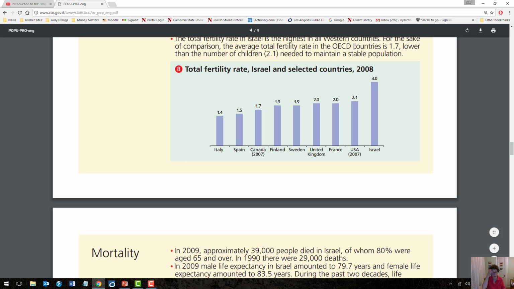These are the 35 countries in the world that are democracies and that have a free market economy. So again, higher level of education, equality, and so on. And women are simply having fewer babies, getting married later, and so on. But Israel has a very high fertility rate compared to them.